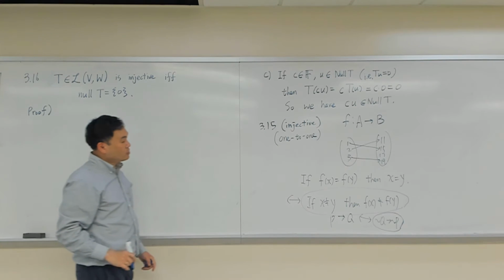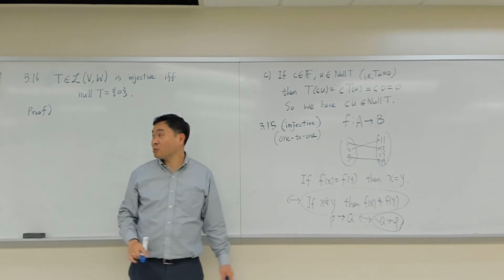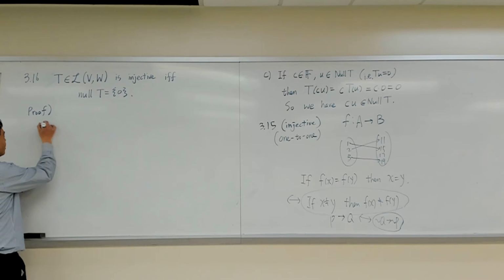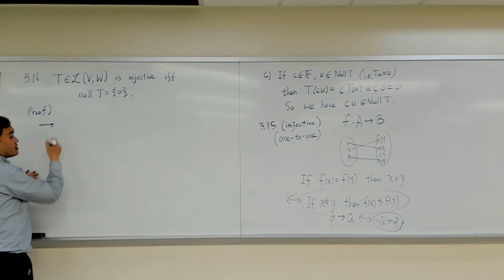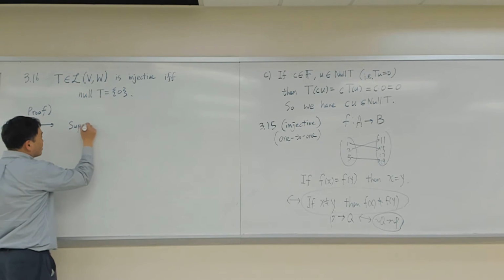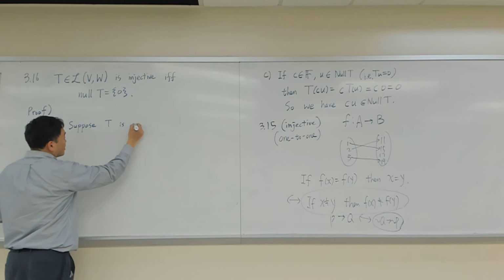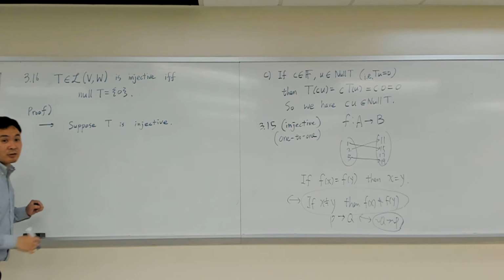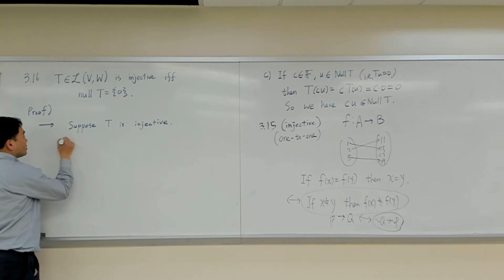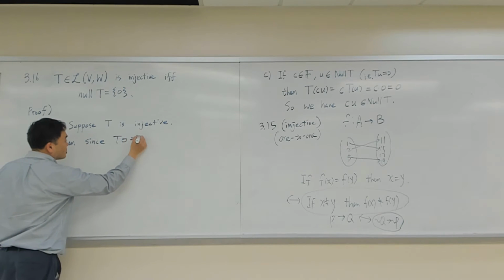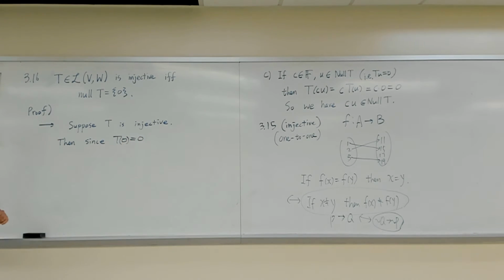We have to show this, right? With that assumption. Okay. So let's try to show this way. So here, T is injective. Okay. So suppose T is injective. Then, since T of 0 is 0, any linear map has that one, right?